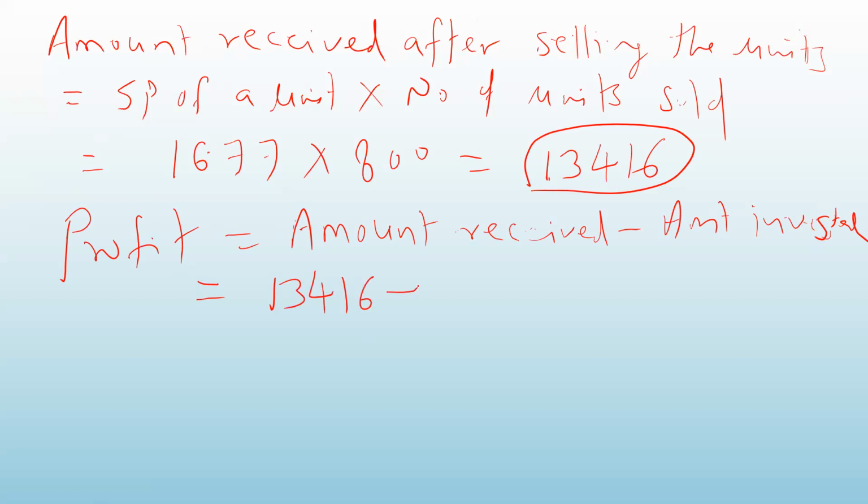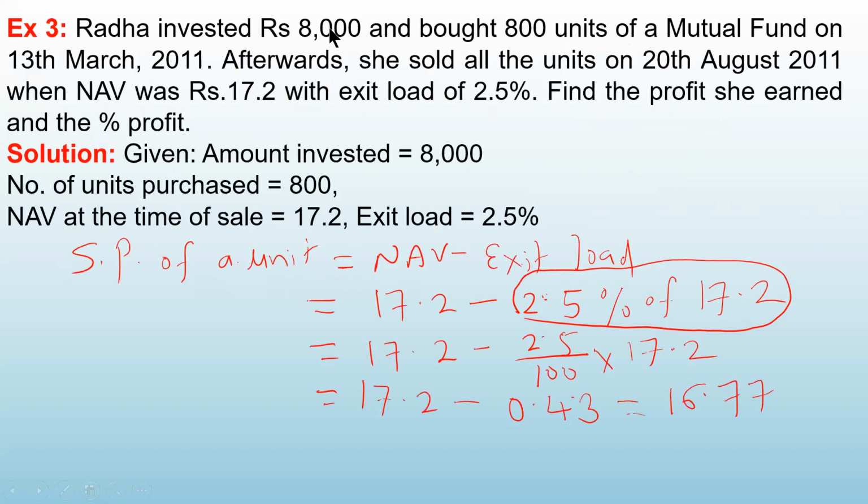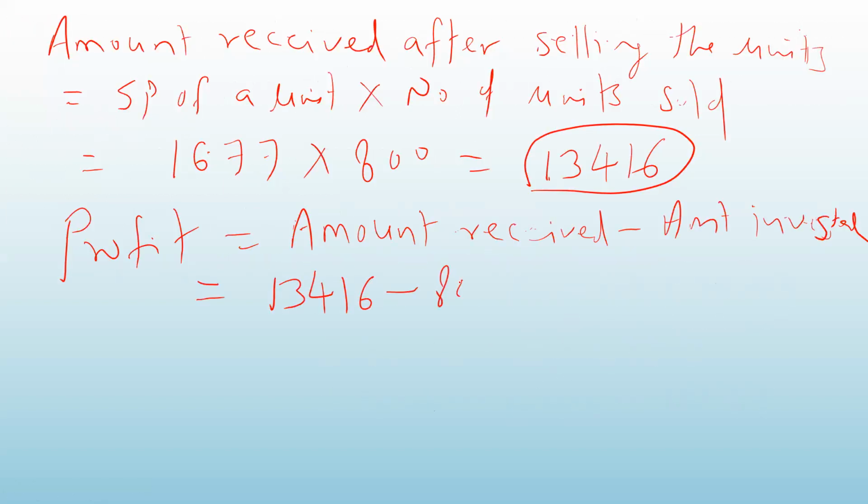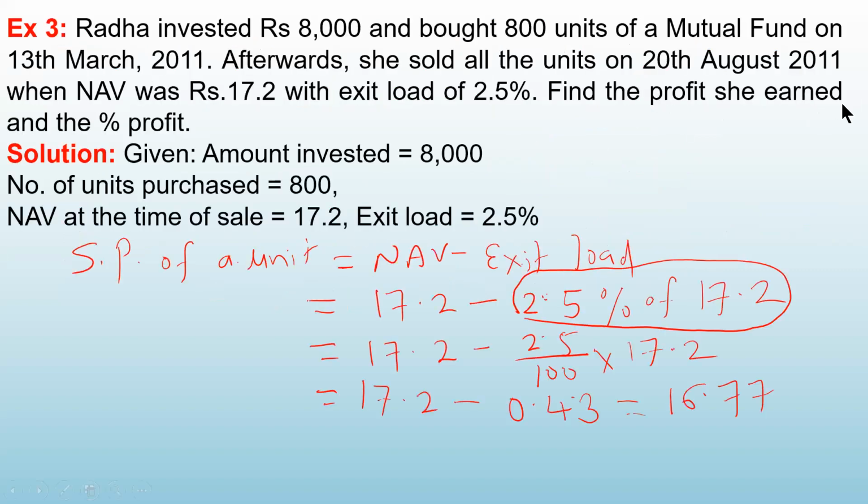And what was the amount invested? It was 8,000. 13,416 minus 8,000. What will you get? That will give you 5,416. So this is the profit. Okay. Correct? What else you have to find out? Find the profit she earned and the percentage profit.